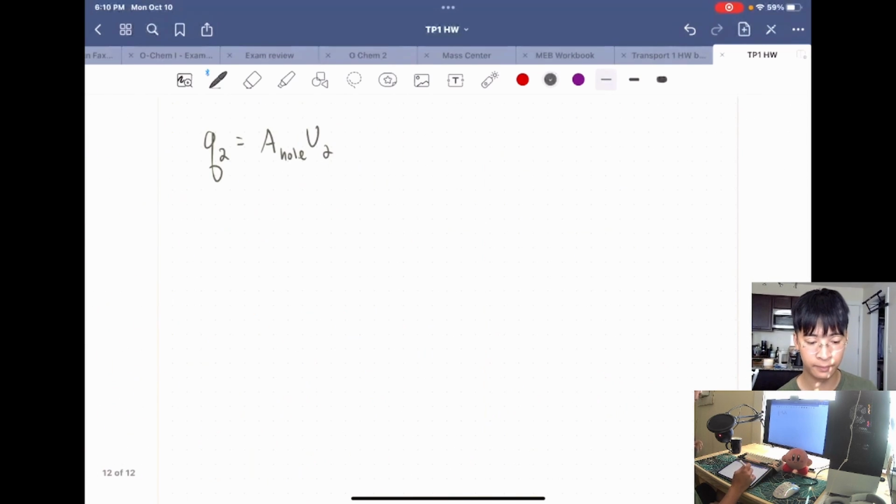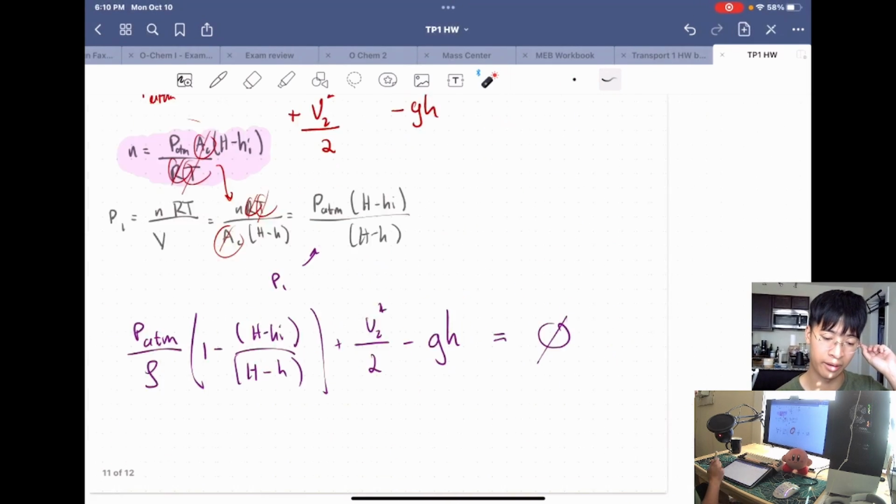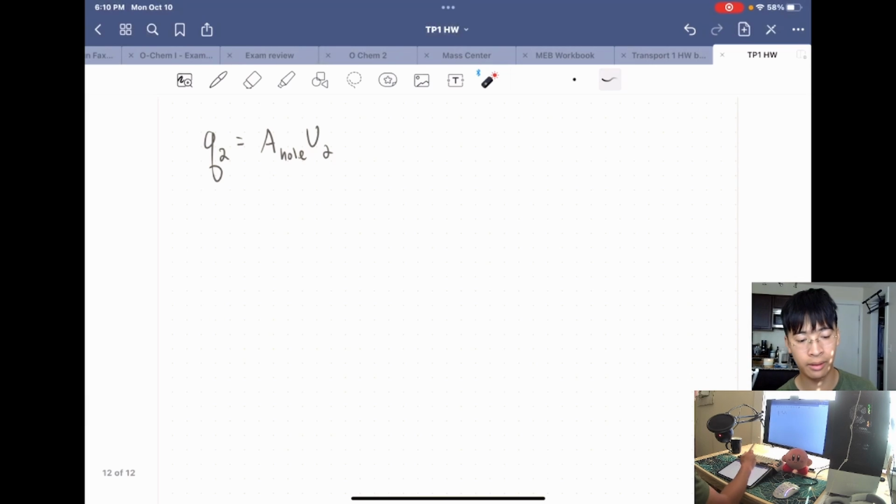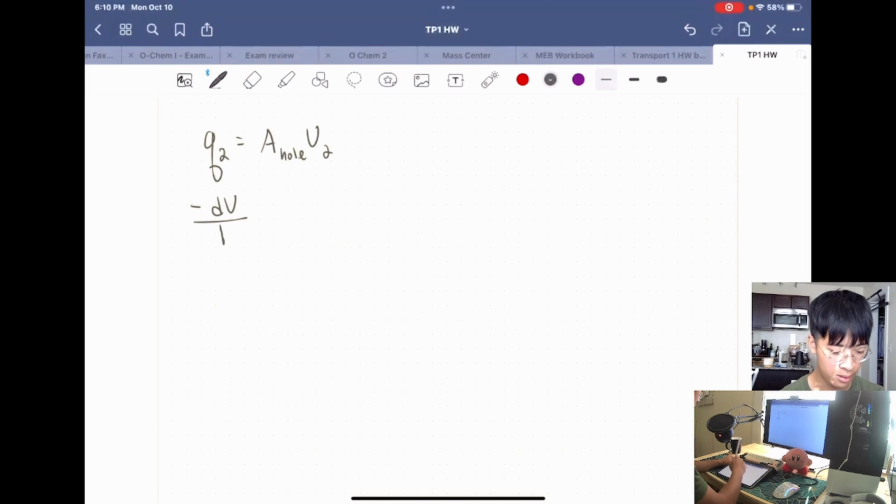Doesn't that look familiar? V2. Check that out. But let's keep going here. We can define volumetric flow rate here as negative dV over dt.